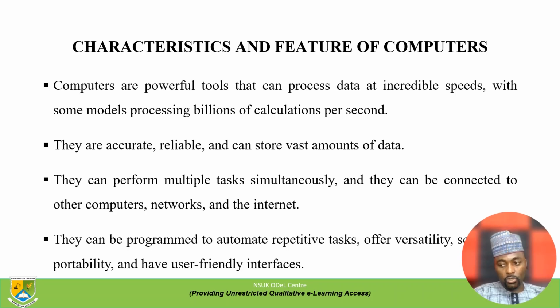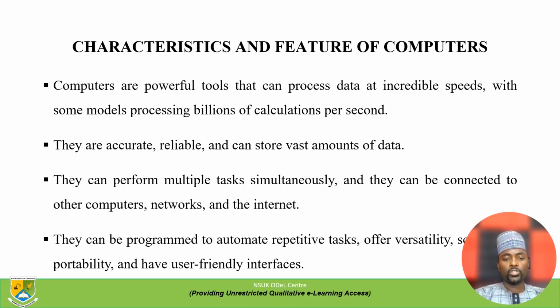Characteristics and features of computers. Computers are powerful tools that can process data at incredible speeds, with some models processing billions of calculations per second. Another feature is that they are accurate, reliable, and can store quite a large amount of data.